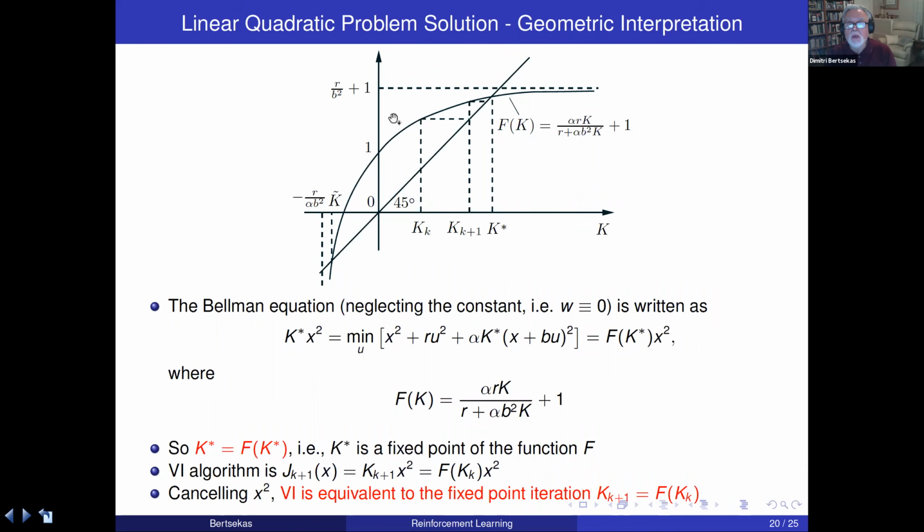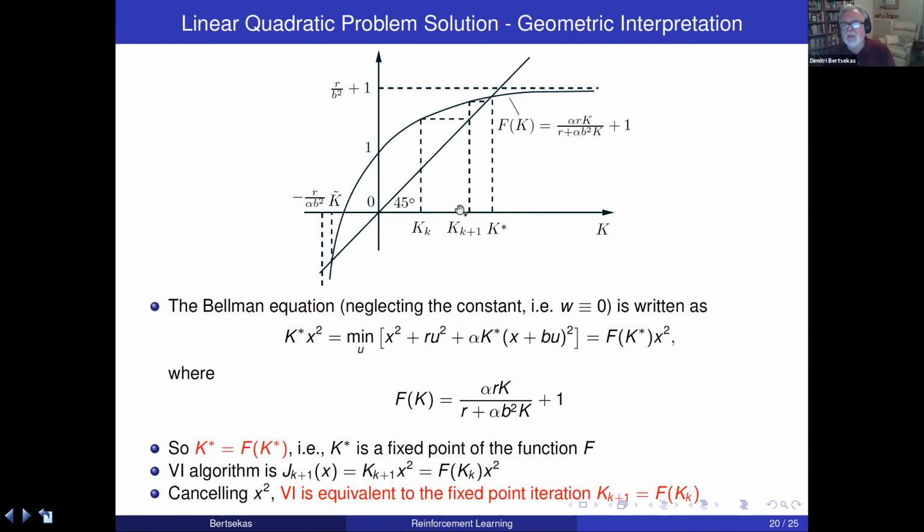This level is equal to f of k_k, this value here. And now this value, by going horizontally and going down, is k_{k+1}. So the iteration starts here, goes up horizontally, and converges to k star. That's the mechanism for convergence.